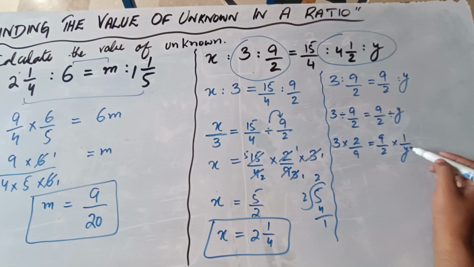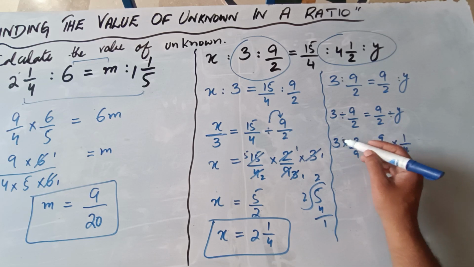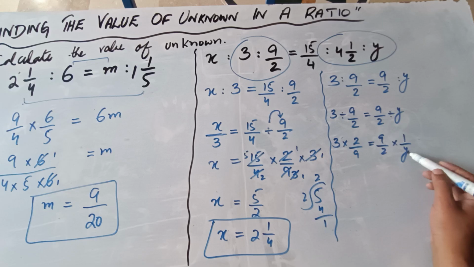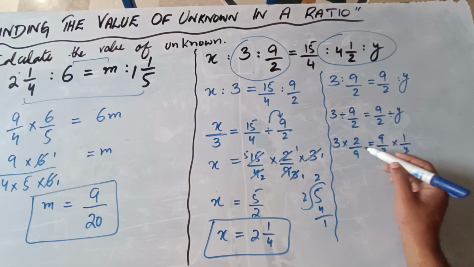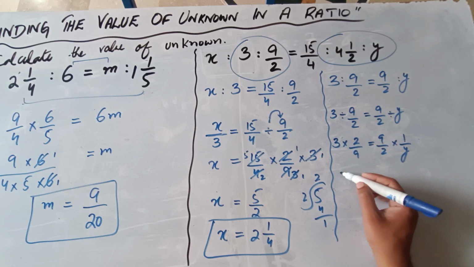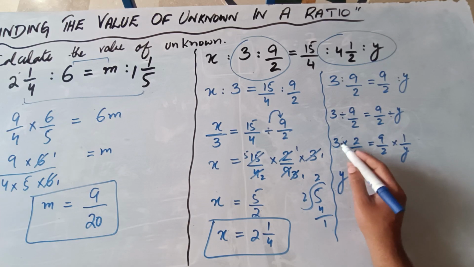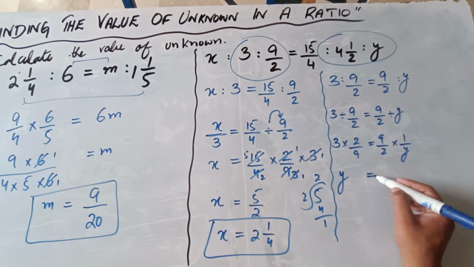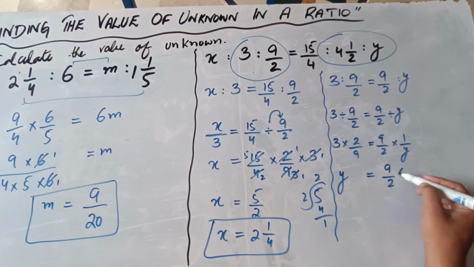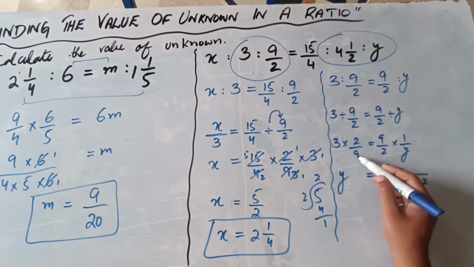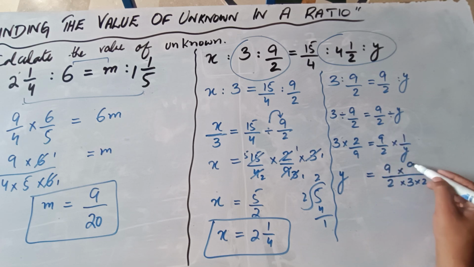As you know, whatever is unknown should be in the numerator. Now we need to find out the value of y. It should be in the numerator. So y will go over there in the numerator, and these 3 and 2 are in the numerator, so they will come in the denominator over here, 3 multiplied by 2, and this 9 is in the denominator, so it will go over there and come in the numerator.